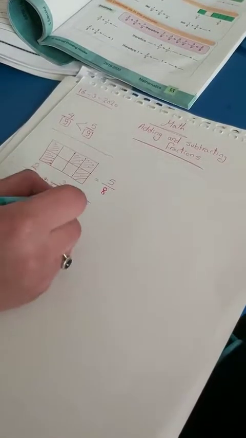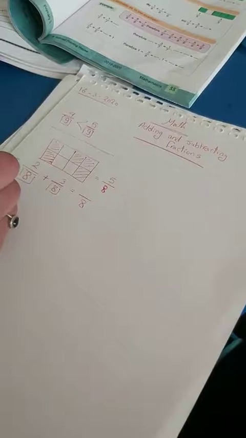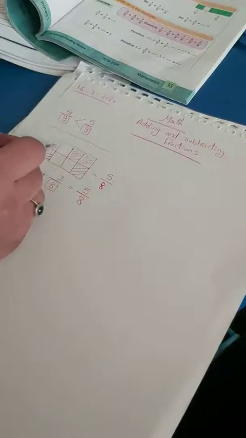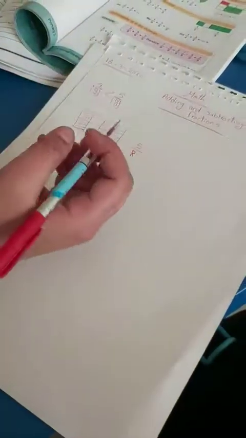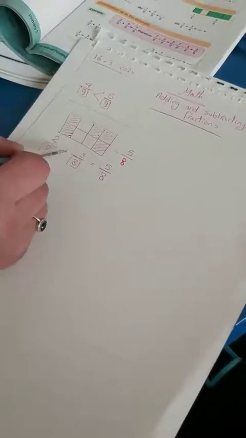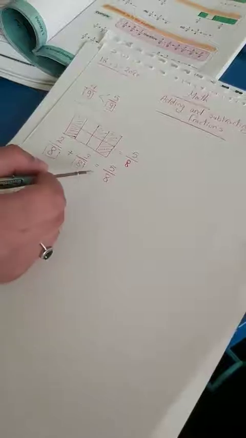Here I have 8, so I write 8, and we add the numerators. 2 plus 3 equals 5, because I took 5 parts from the same rectangle, 1, 2, 3, 4, 5 in total from 8 parts. So I didn't change the denominator. The total is 2 plus 3 equals 5, and we put the denominator as it is.